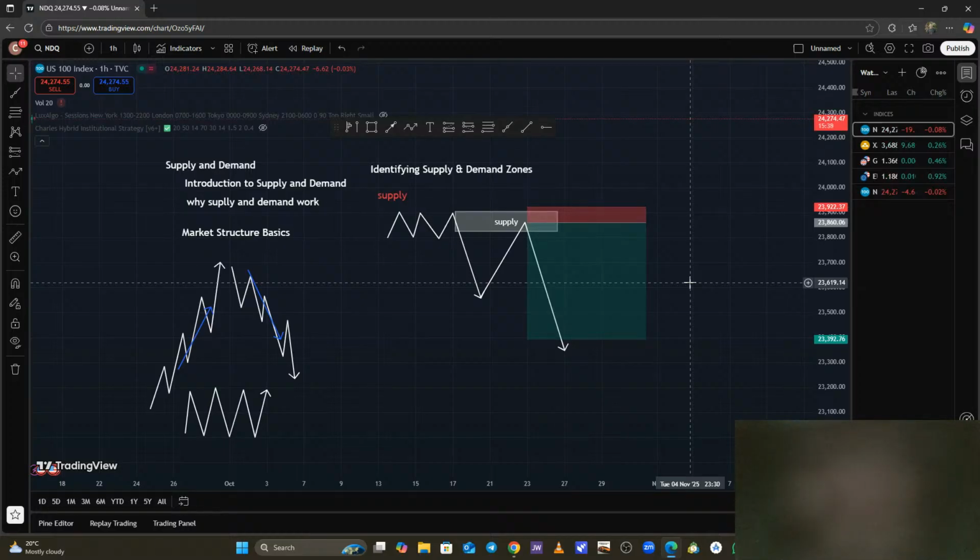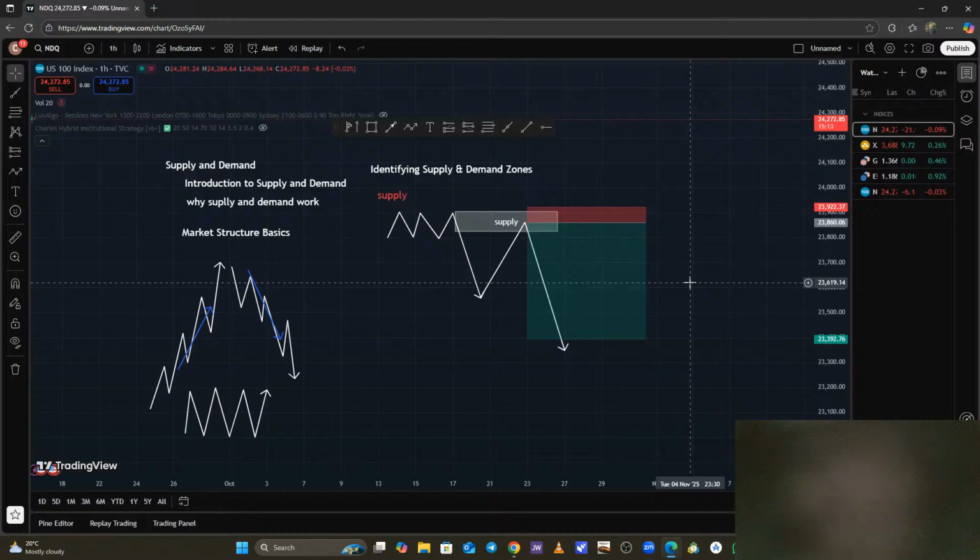So let's recap that again. What is supply? Supply is the sharp move away from consolidation or base, or basically strong selling momentum or pressure. So once you identify the consolidation, you need to find the sharp move away from that specific consolidation.